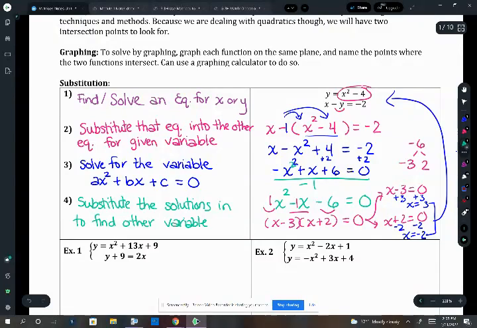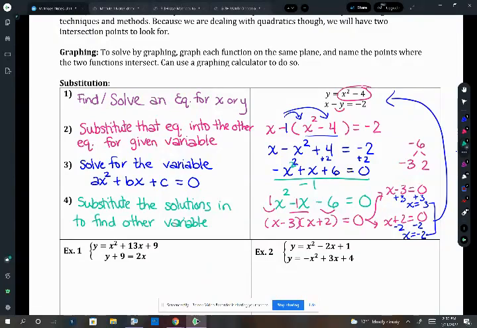And then we want to remind ourselves that the whole point of doing this is to find out where our two equations intersect, and so our solution should be points.